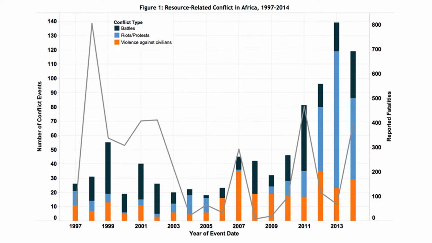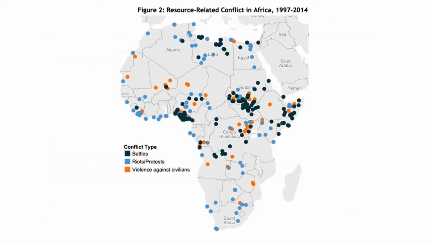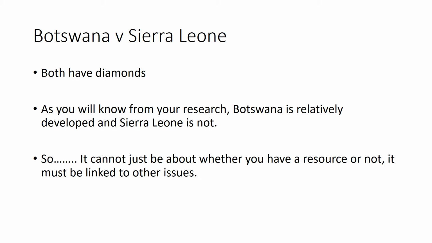Just to prove a couple of points, you'll obviously have longer to look at this if you open the PowerPoint for yourself, but you can see large numbers of resource-related conflict, and you can see pretty clearly that they are increasing. There's the location of some of them, so they are generally sub-Saharan. Out of our 5 countries, we are going to focus on Botswana and Sierra Leone for this.